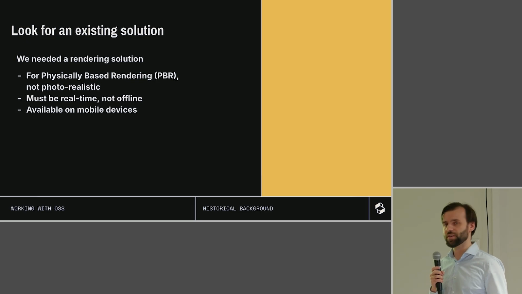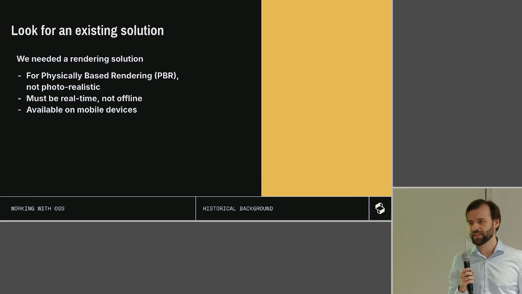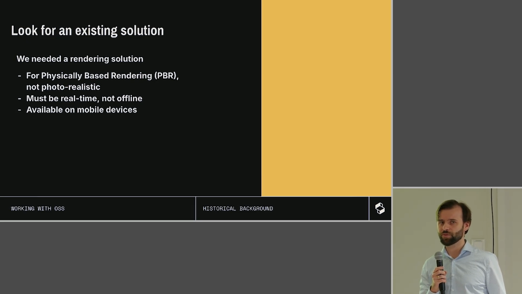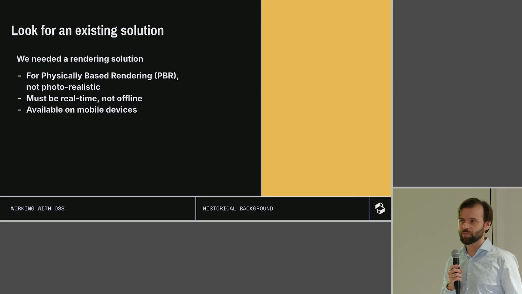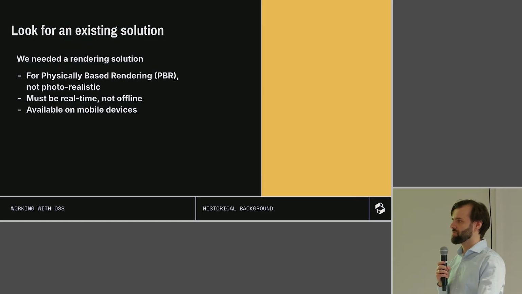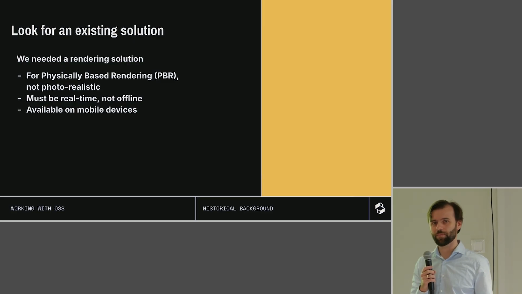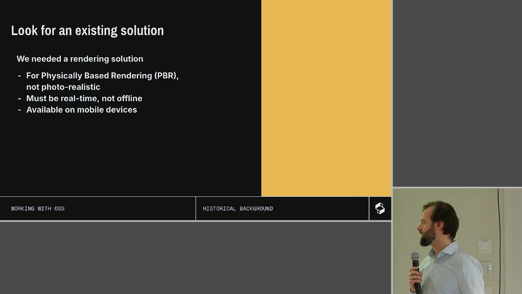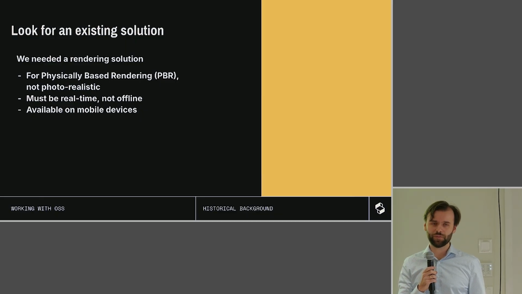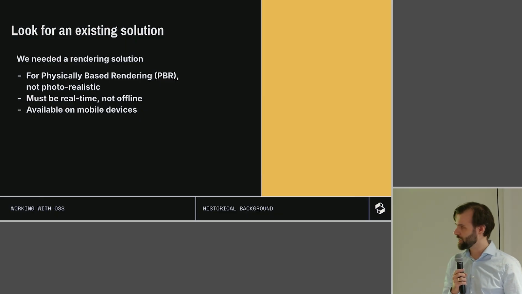It's called physically based rendering, and it's something fancier than the usual flat shaded CAD models, but it's not as fancy as cinematographics, for example. And since the majority of our users were on iPad back then, it would be nice if this existing solution would be available on mobile devices.